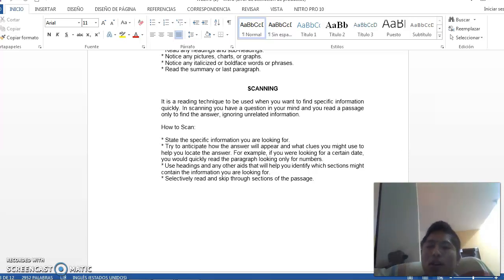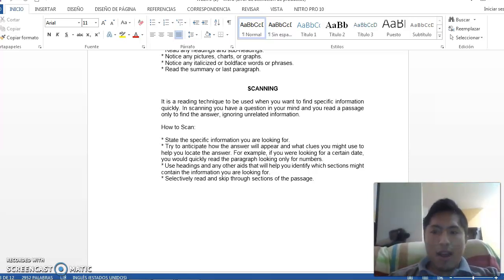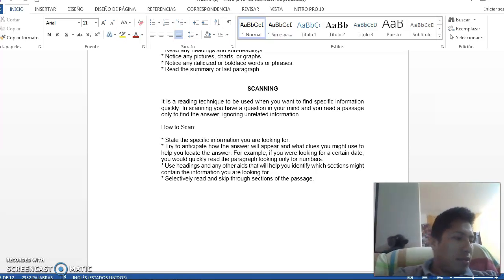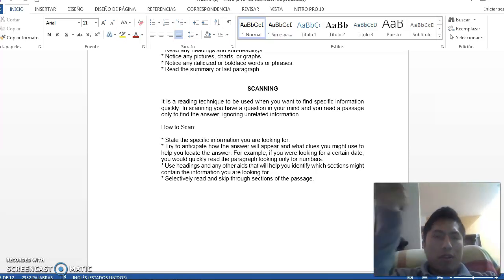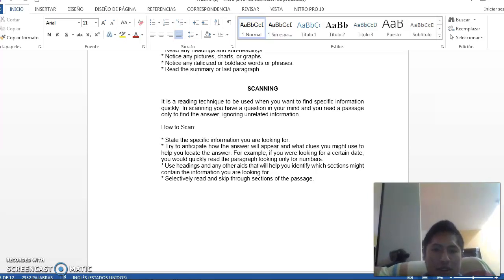For example, when you are developing some reading exercises and you have a question, for example, when was David born? And you look through the text and you don't read all the text. Just find, oh, 1994. Okay, that is the year. So you got it. This is about scanning, no? When you want to find specific information quickly.